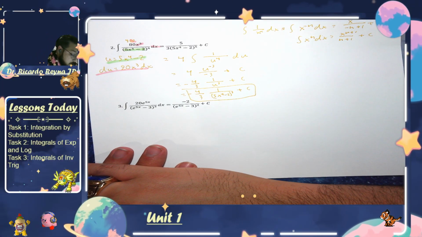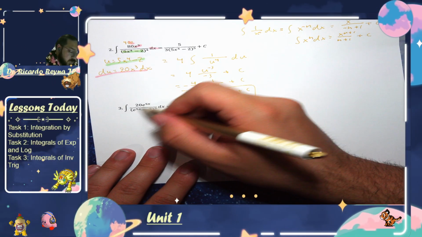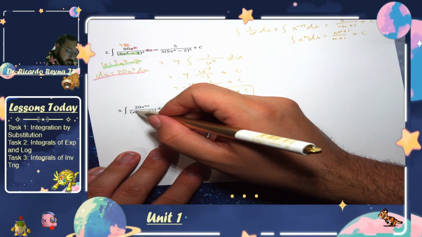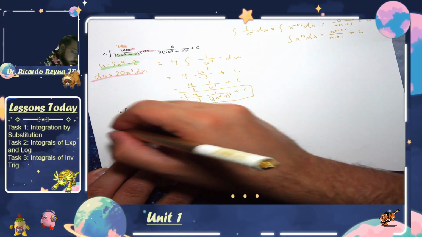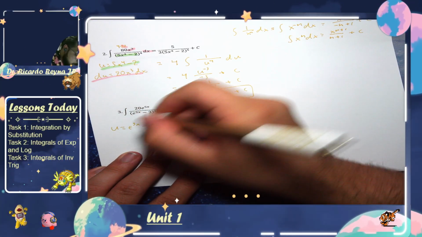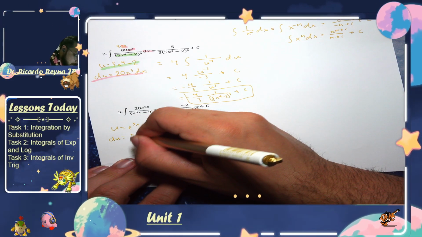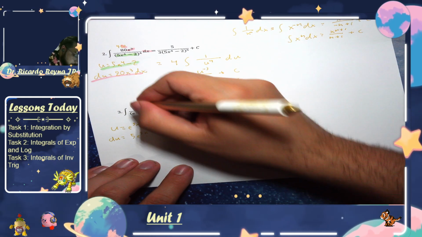All right, for here, this one's a bit trickier because we see two mentions of e to the 5x. So technically its derivative does appear. If I do u equals e to the 5x minus 3, its derivative du appears as 5 e to the 5x.